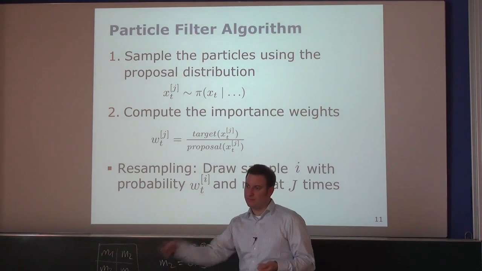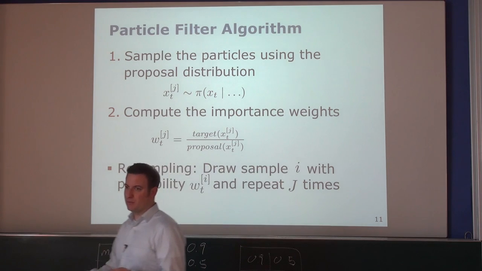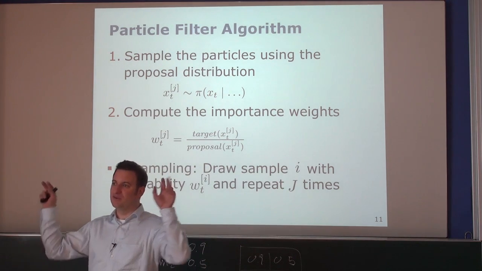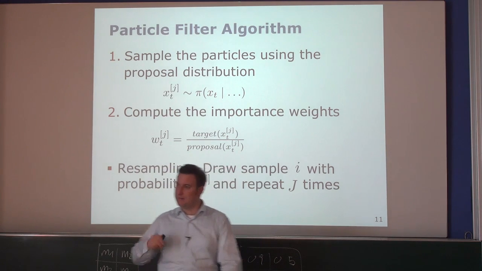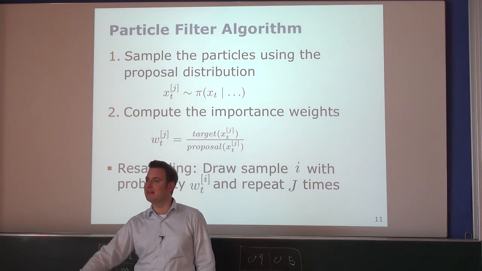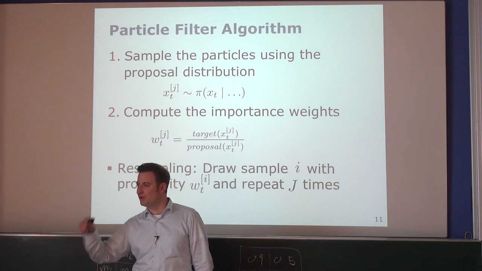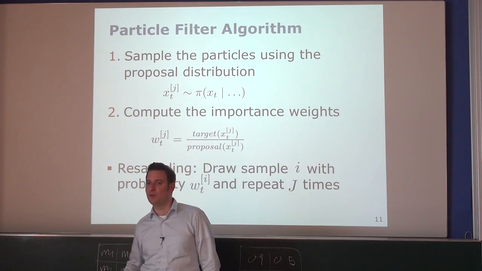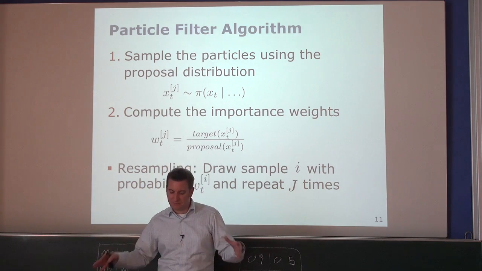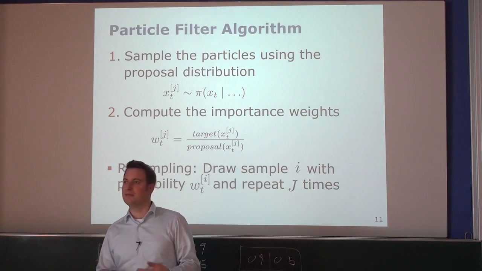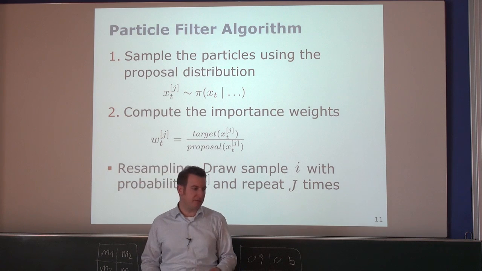So it's quite likely to pick a sample with a high weight. These are the good samples where the approximation was good. And I let those die which haven't been drawn, which are more likely to have a small weight. And this way, I focus my sample set on the likely parts of the state space.